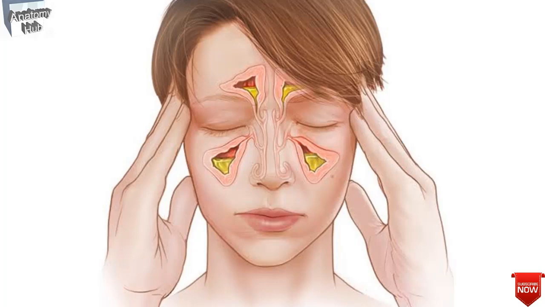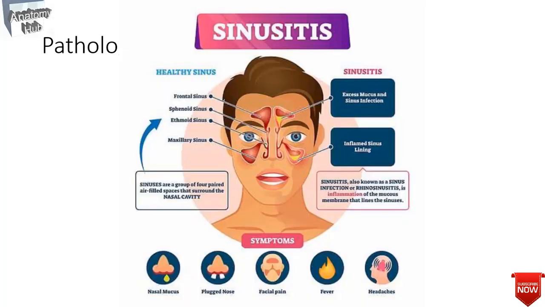Mainly a condition where the cavities around the nasal passages become inflamed, and the acute sinusitis can be triggered by a cold or allergies and may resolve on its own. But the chronic sinusitis lasts up to 8 weeks and may be caused by an infection or any growths inside the cavities.